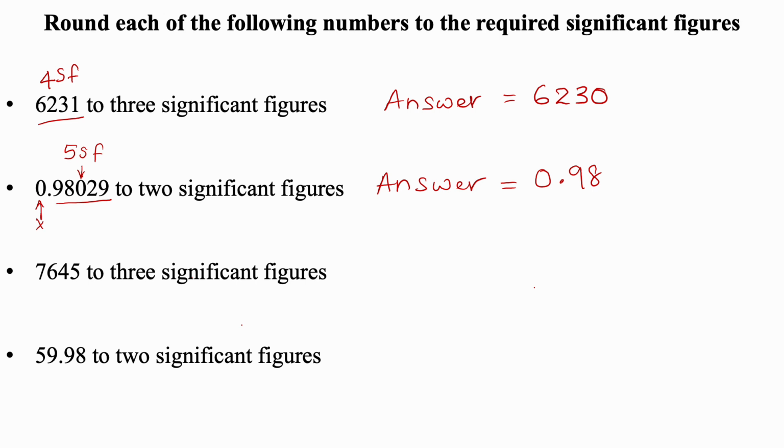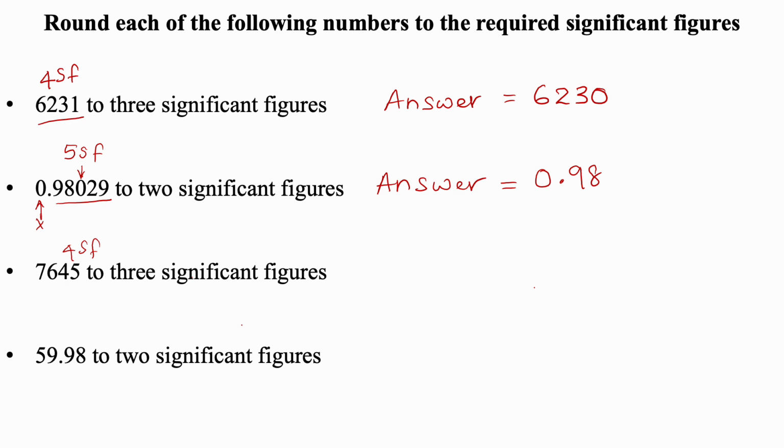If you add zeros after 8, they are significant. Therefore, we do not add zeros when you are rounding off to 2 significant figures. Next one, you have 7, 6, 4 and 5. All are significant. So you have 4 significant figures. You need to round off that to 3 significant figures.